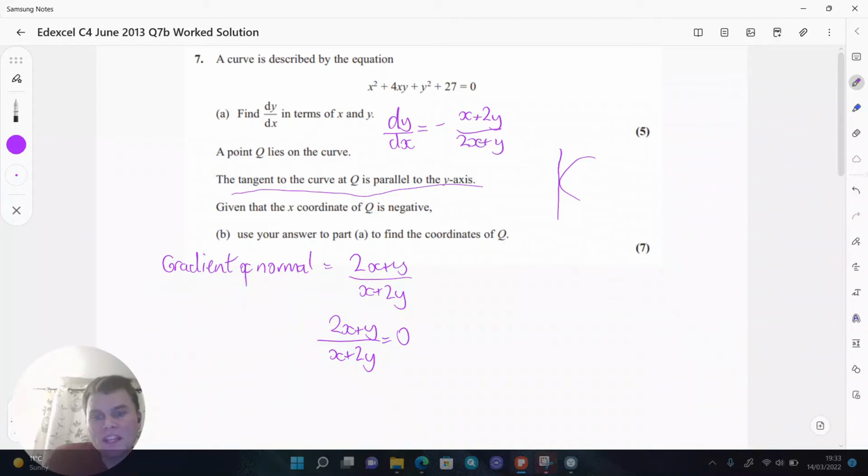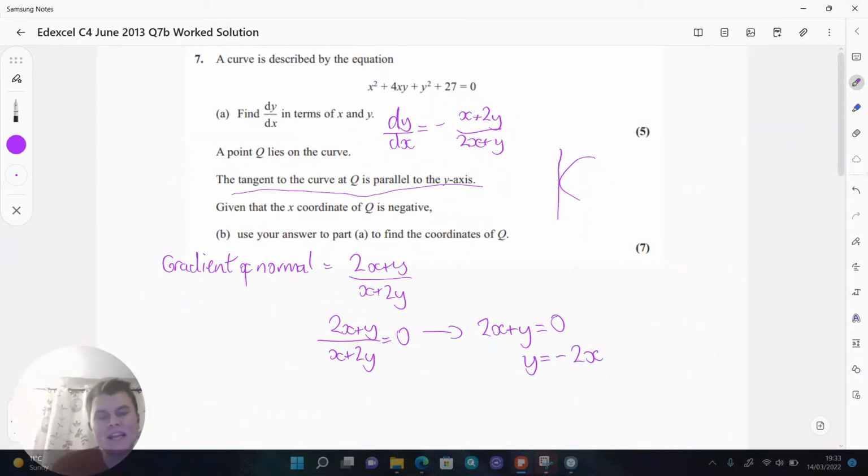And of course, to solve for this, we can multiply by x plus 2y. It's still going to equal 0. So it just leaves us with 2x plus y equaling 0. Rearrange that to get a value for y, and that makes y equals minus 2x.